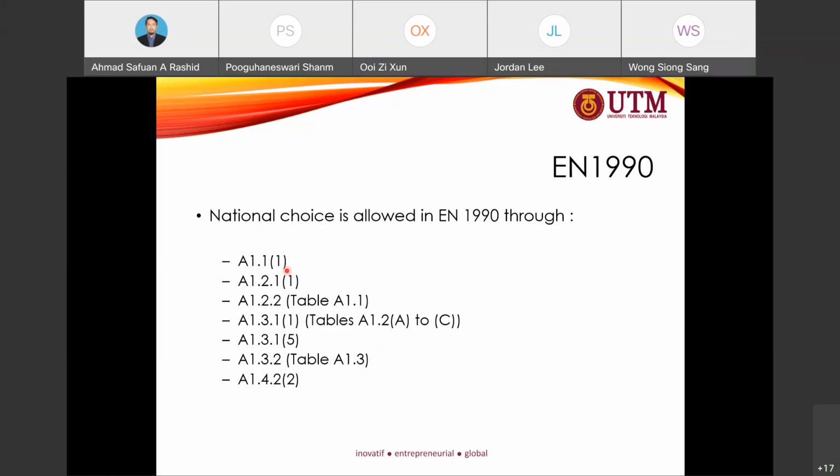As I told you previously, Malaysia has produced the Malaysian standard, which discusses, for example, the piles problems, and also there are some differences in terms of the coefficients that are used in the design.